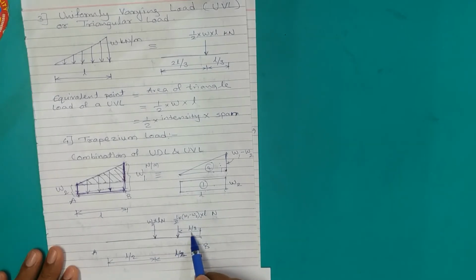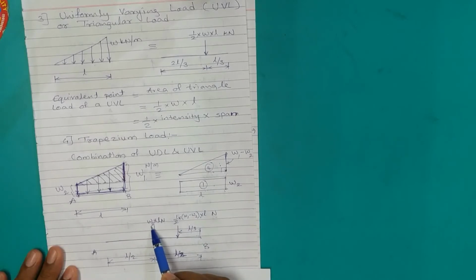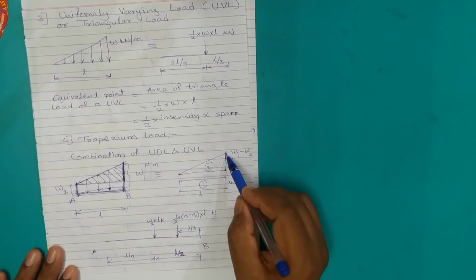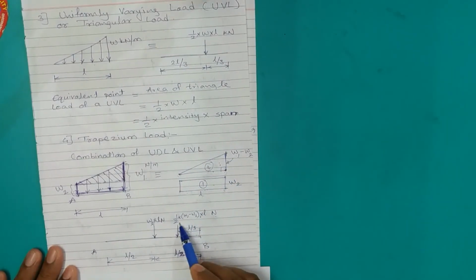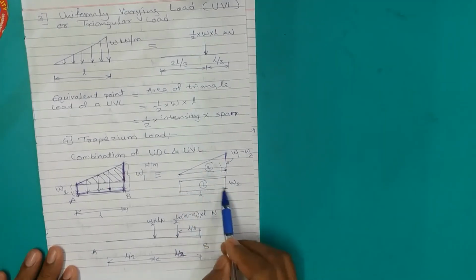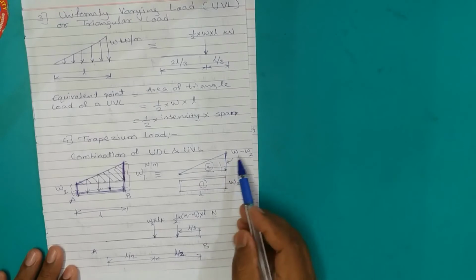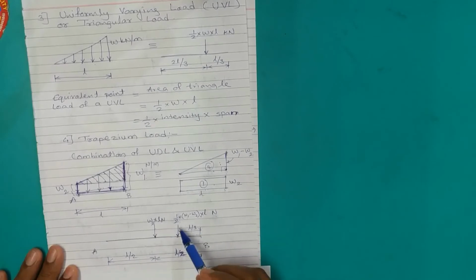distance L by 3. Area of the rectangle is the magnitude of the point load for the UDL, W2 into L, whereas whatever is the area of the remaining right angle triangle will be magnitude of the point load. So here the base is nothing but L, height of the triangle is W1 minus W2. So half into W1 minus W2 into L. These many newtons will be the magnitude of the point load for a given right angle triangle.